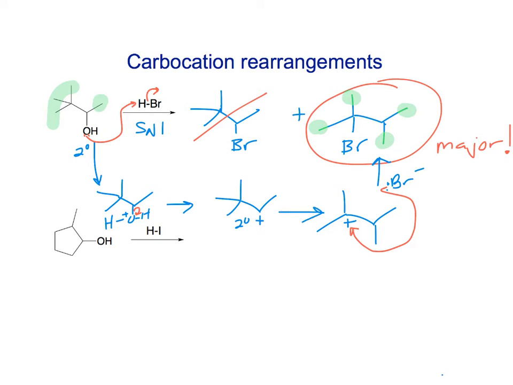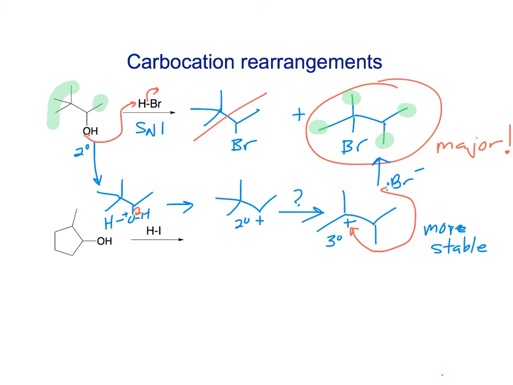So the question is, how do we get from this secondary carbocation to the tertiary carbocation? All right, and why would we? So the why part maybe is not so difficult to understand, is going from a secondary carbocation to a tertiary carbocation is going from less stable to more stable. Okay, so we're going downhill in energy. We're going to the more stable intermediate.